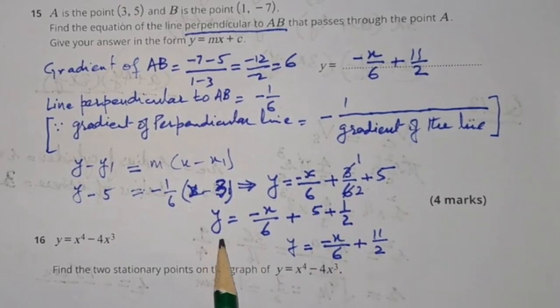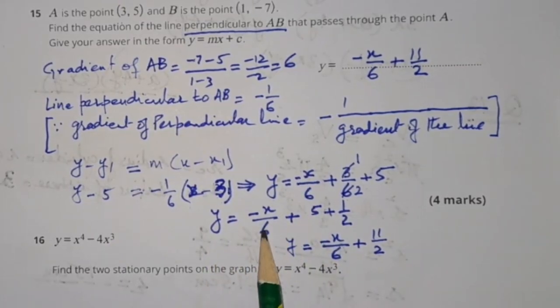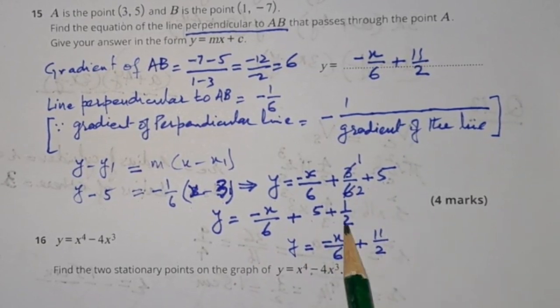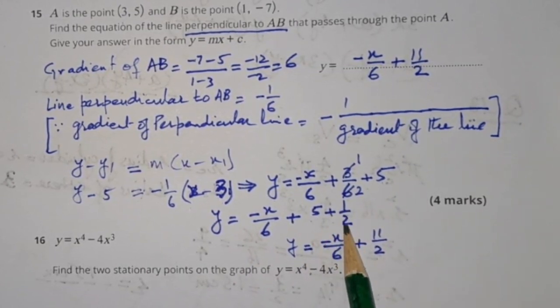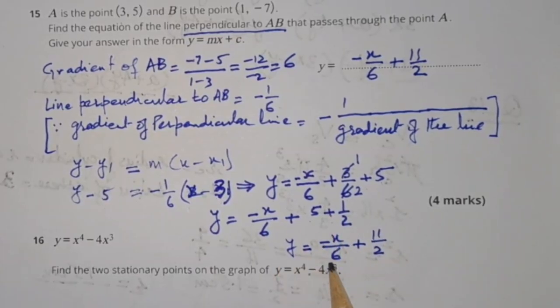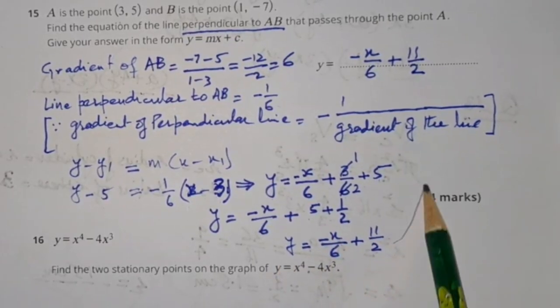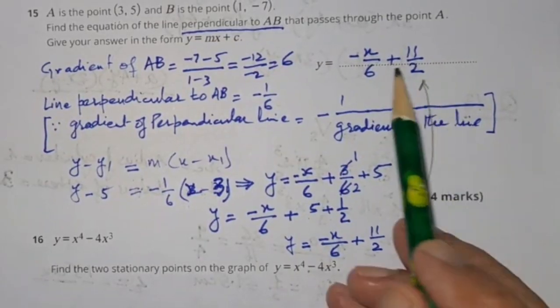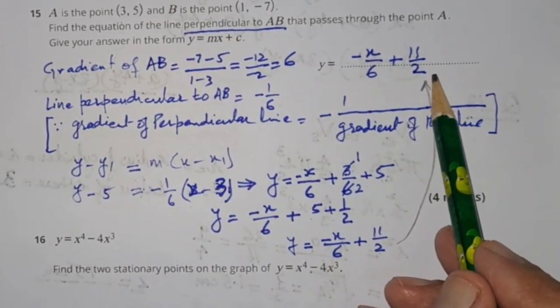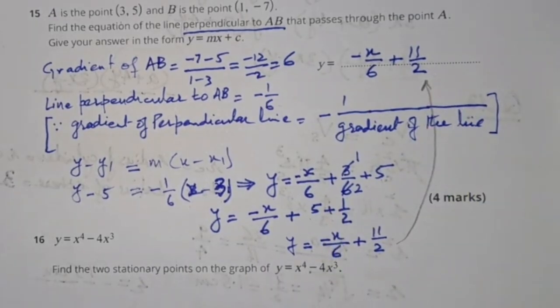And then we solve it. Minus x over 6 plus 5 plus 1 over 2, which becomes 5 plus 1 over 2 becomes 11 over 2. So this is our equation. So we write the answer here. y is equal to minus x over 6 plus 11 over 2, and question 15 is completed.